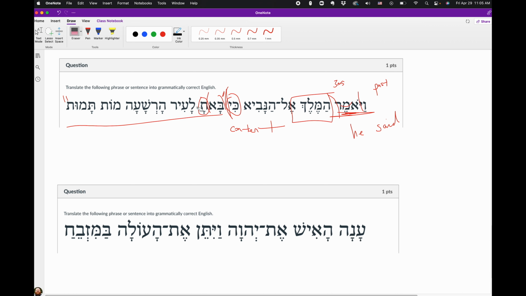So this is basically you went or you entered la'ir, the town, or to the city. You went to the city, ha-resha'ah, the wicked one. So you went to the wicked city. Now the trick here is ha-resha'ah is clearly feminine singular by the kametz. Ir looks masculine singular. But ir is one of those weird ones that even though it looks masculine, it is feminine.